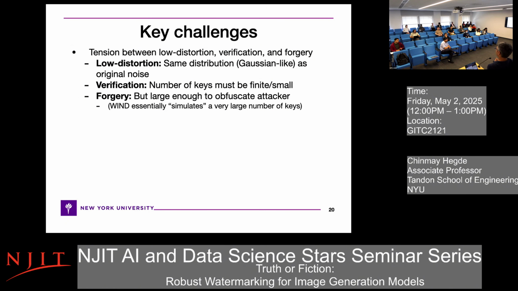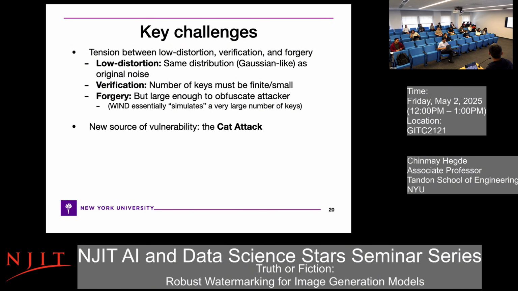But then we have to verify. So if we do these kinds of reverse engineering of the noise, it can't be arbitrary, it has to be finite. So the number of keys has to be finite or small, otherwise you cannot verify. But also, at the same time, the keys have to be large enough to fool the attacker. So there's a weird tension that we face when building these kinds of watermarking schemes. And WIND addresses these to some extent. It hits the right trade-off of these 3 criteria.